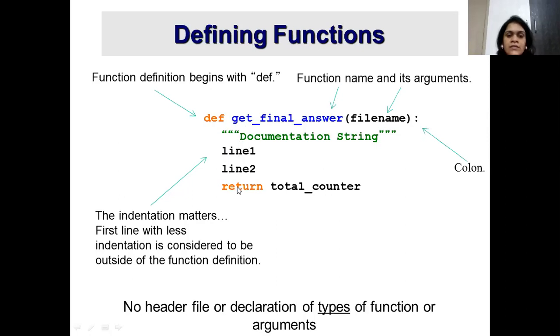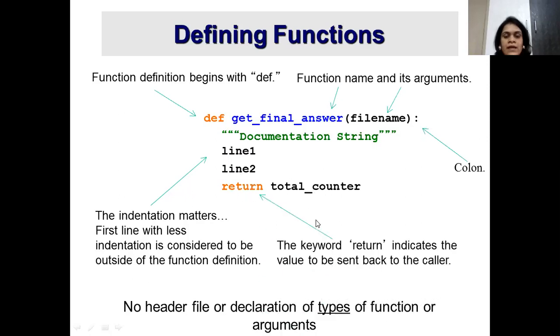Here indentation rules must be followed, otherwise those lines will not be considered part of the function. At the end, you can have a return statement. The return statement exits the function, and generally it must be the last line to be executed in the function.